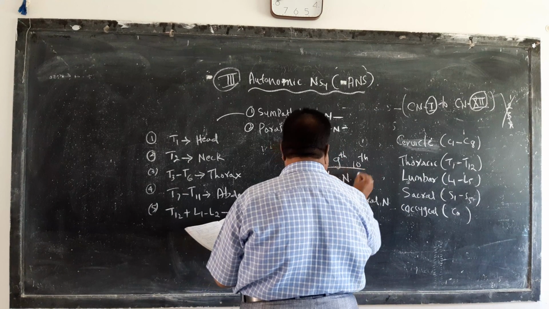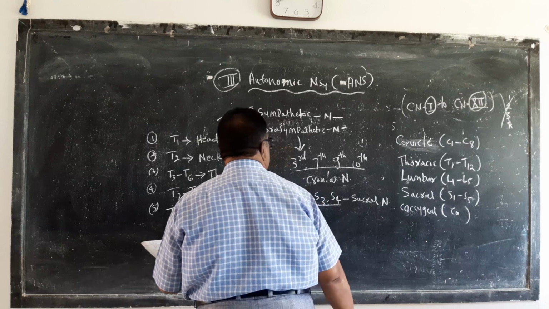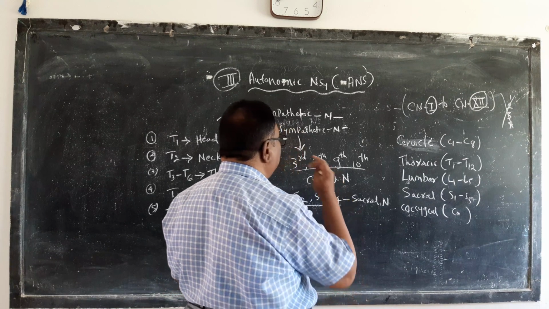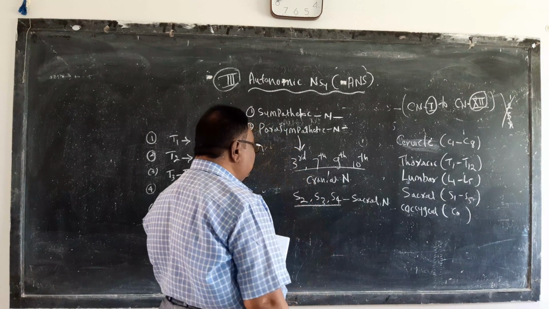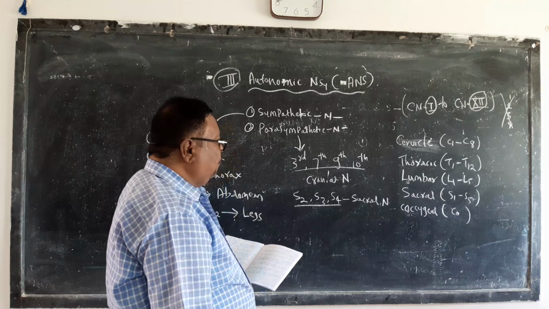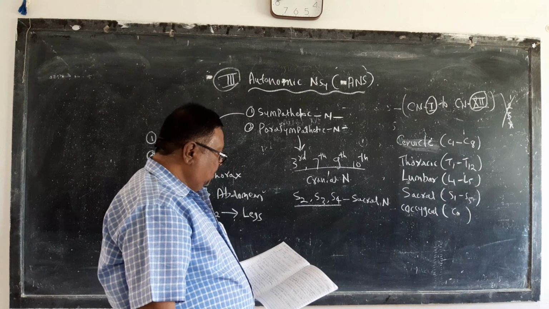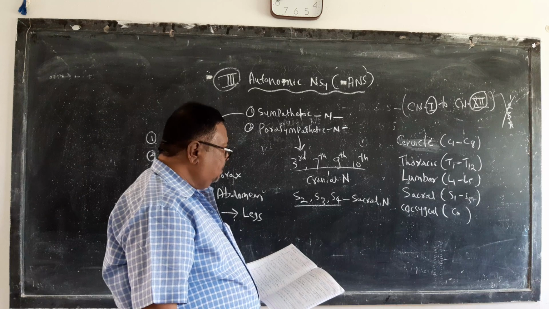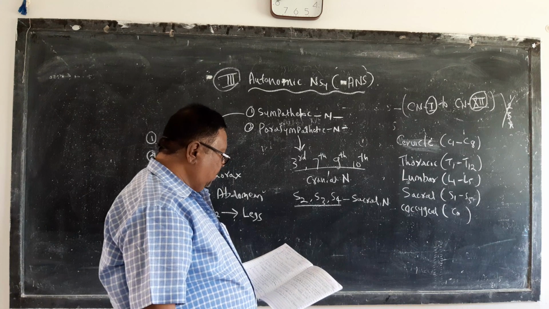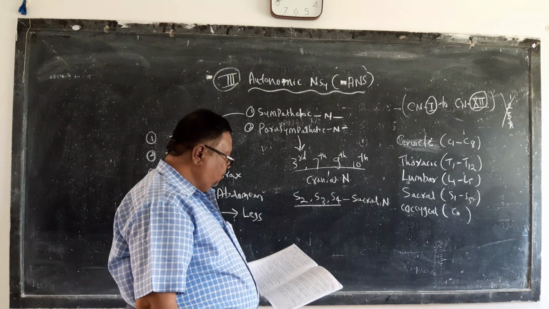So these parasympathetic nerves arise from the 3rd, 7th, 9th and 10th cranial nerves and S2, S3, S4 sacral nerves. So they are called craniosacral outflow.